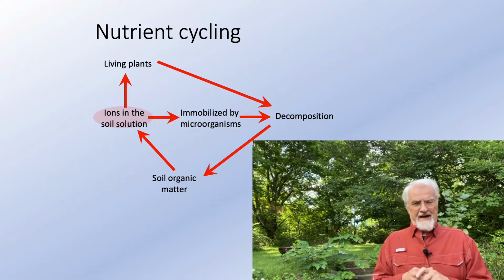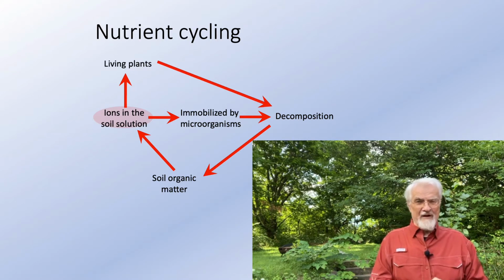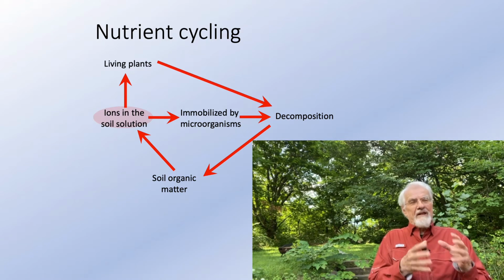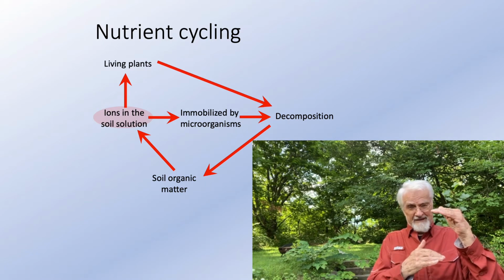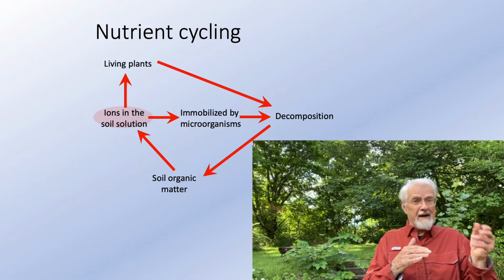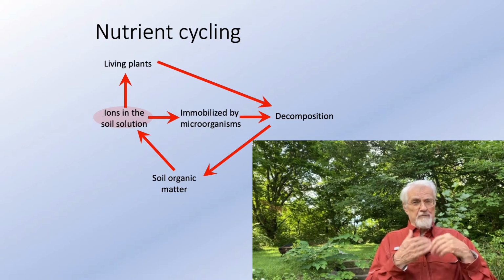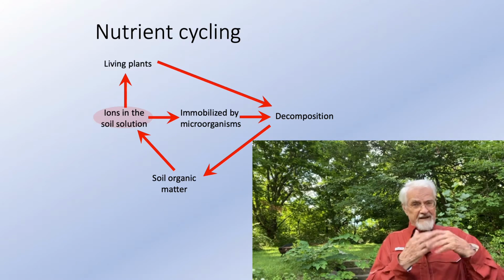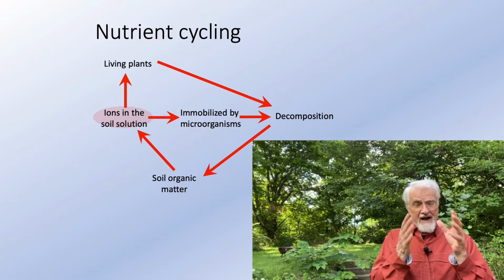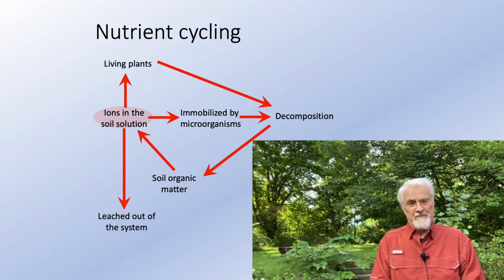Okay, so there is this problem. Now, in addition to that problem, as far as the plant is concerned, the plant trying to get those ions out of the soil, if it's just a baby seedling plant and is growing very slowly, and if the bacteria have not built up their population to the point where they can take care of all the ions that are being produced by the decomposition process, why those ions, some of them just don't stay around very long. They leach out of the system.